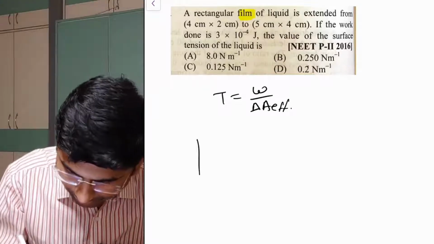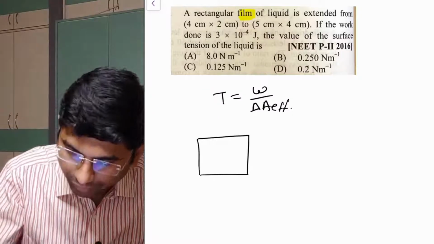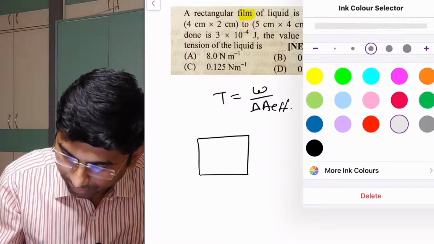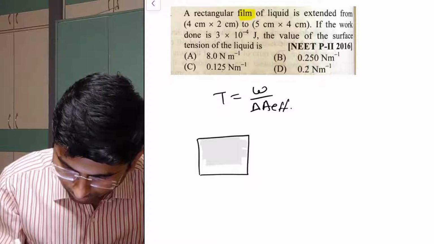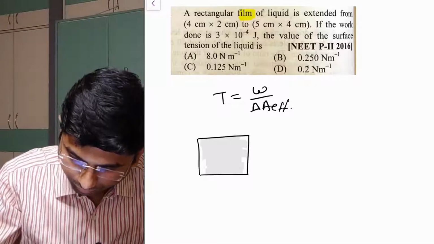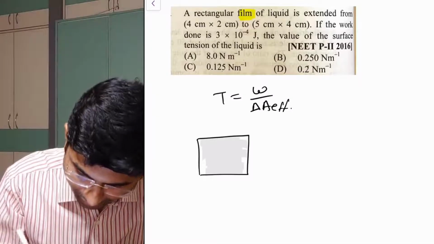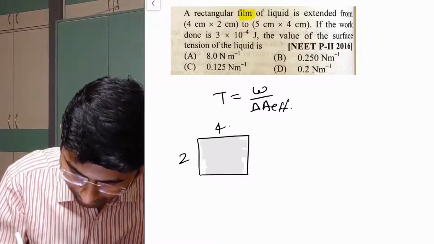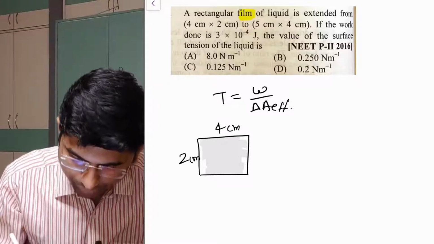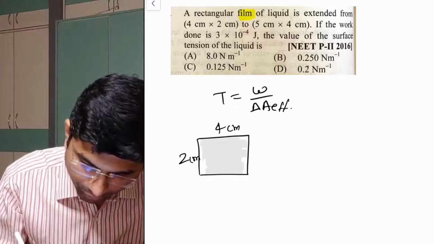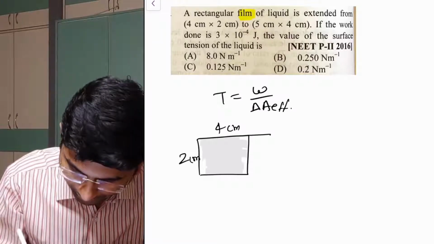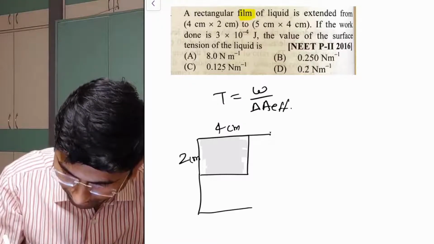Now initially there is some rectangular film, something like that, and it's having sides 2 cm by 4 cm. That's the initial position. Then it is being extended. Now instead of 4 it's having now 5, and it's increased to something like that.